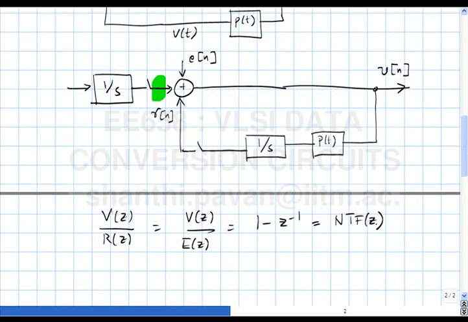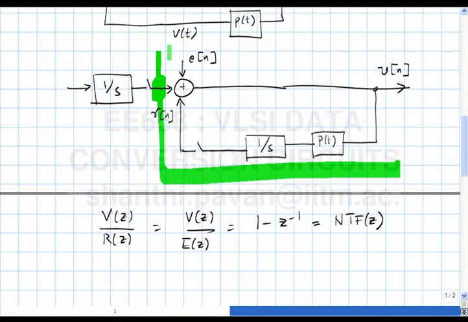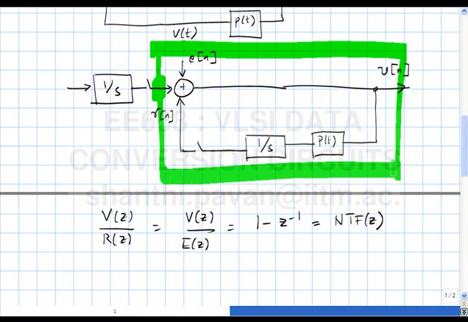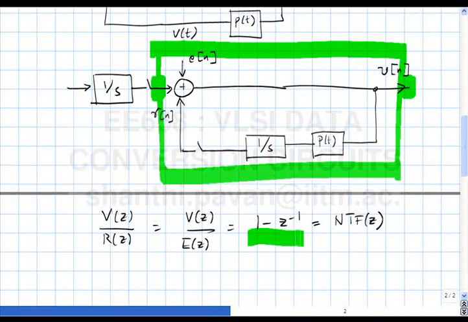It's easier because this is now a fully discrete time system which takes inputs, from this input, which is a discrete time signal, to this output, which is also a discrete time signal. The transfer function is 1 minus Z inverse. Does this make sense?